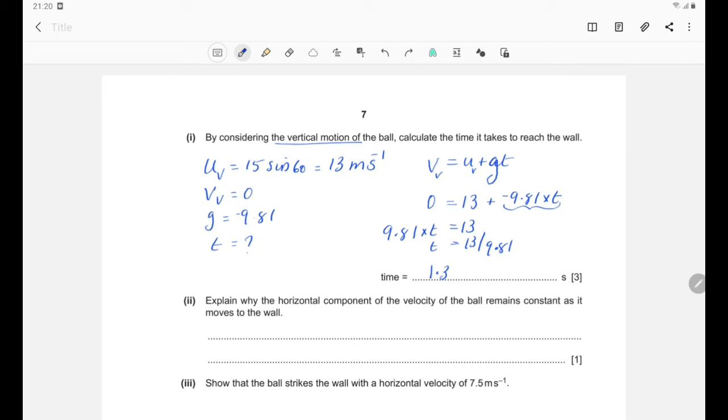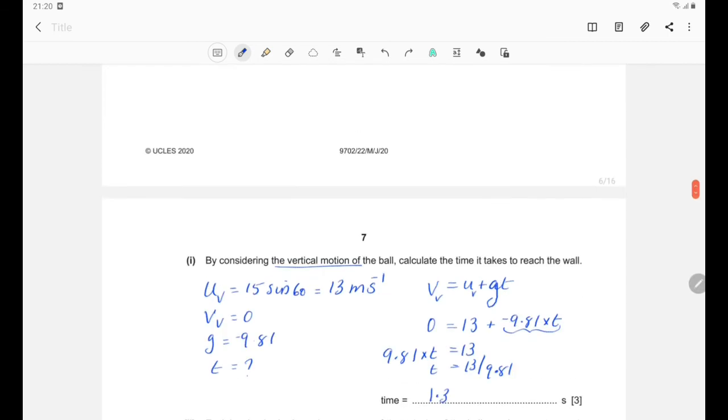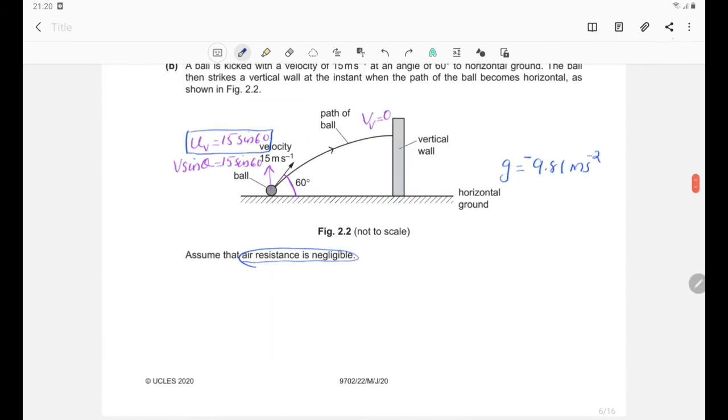Let's go to part 2. Explain why the horizontal component of the velocity of the ball remains constant as it moves to the wall. So again we can go back to the picture, and here it says that the horizontal component of the velocity remains the same, or it's constant. That means we have calculated the vertical component.